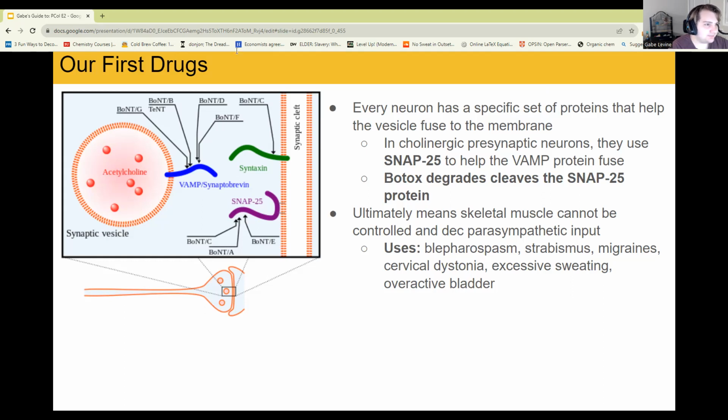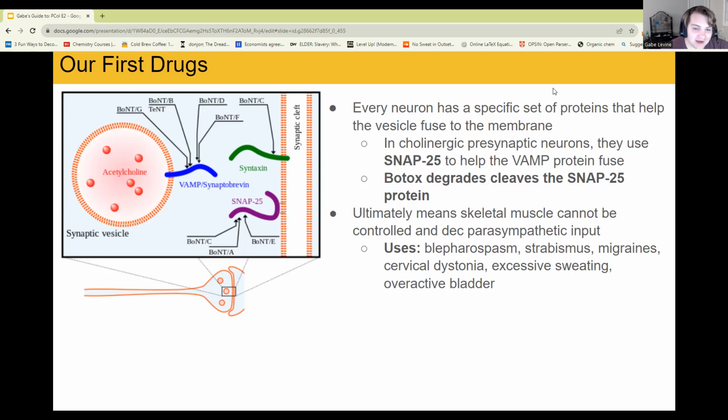So let's break this down. When we have things like blepharospasm and strabismus, what we're trying to do is cut off the muscle from being able to pull the eyes or pull the eyelids. And what injecting Botox does is that it destroys the body's ability to control the muscles in that specific region.